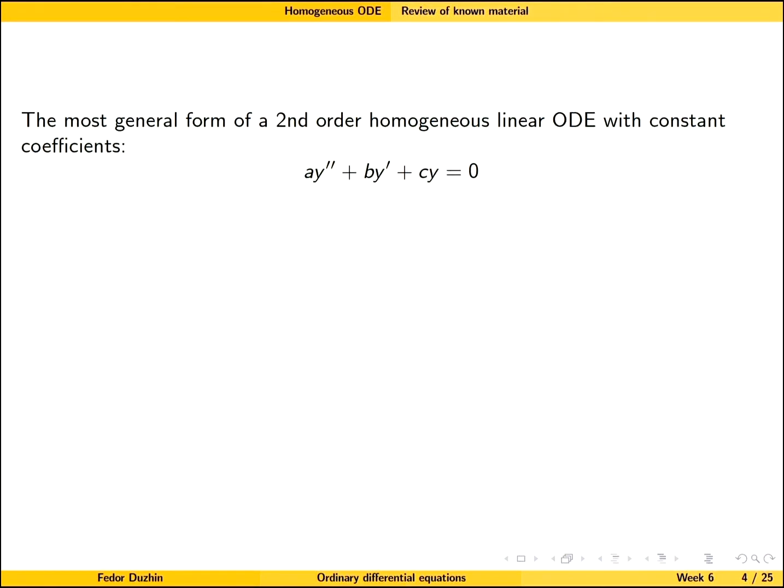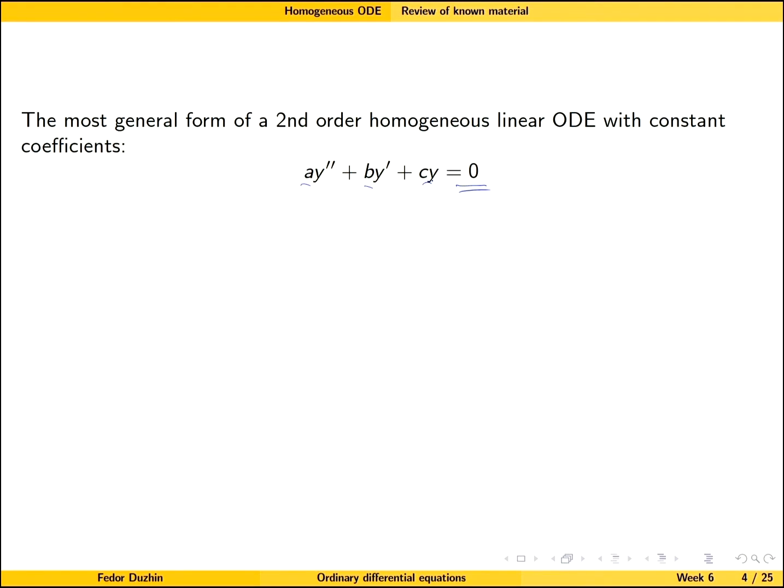Let me quickly recap the material of the previous week. So here is the most general form of a second order homogeneous linear ordinary differential equation with constant coefficients, right? So recall that the fact that it is homogeneous means that this is zero. Constant coefficients means that these a, b, and c are some real numbers.